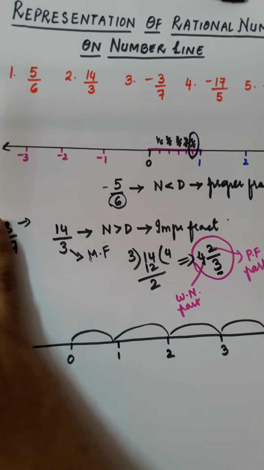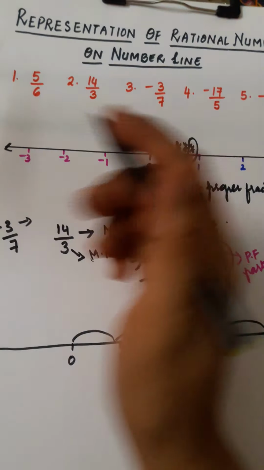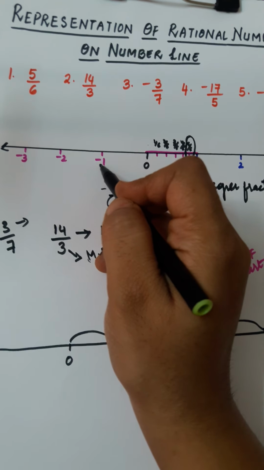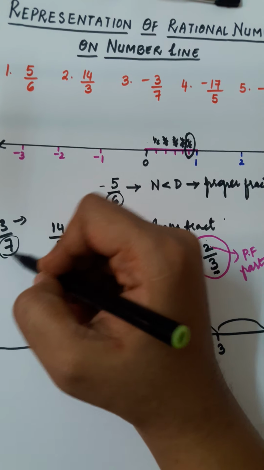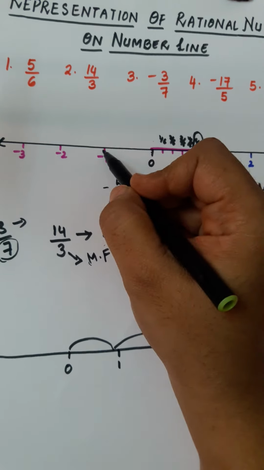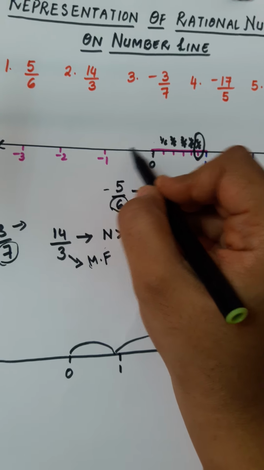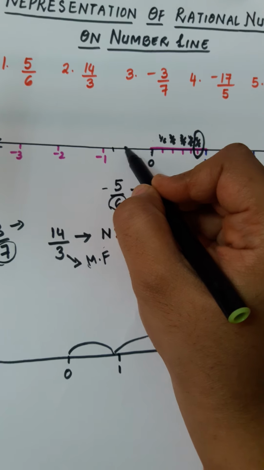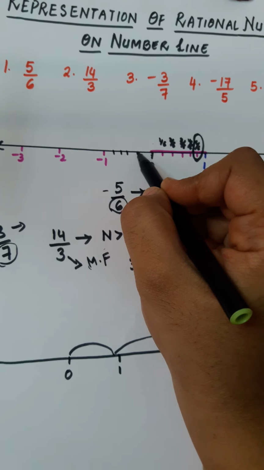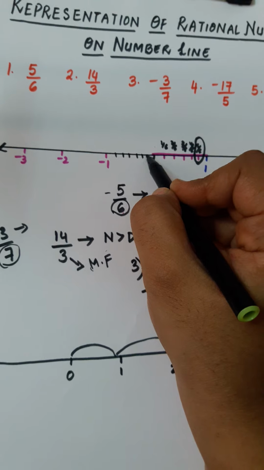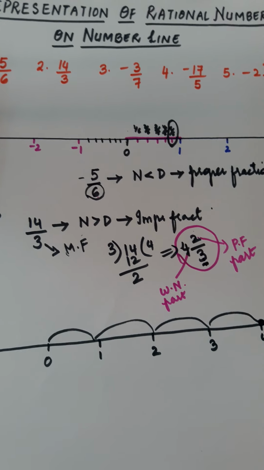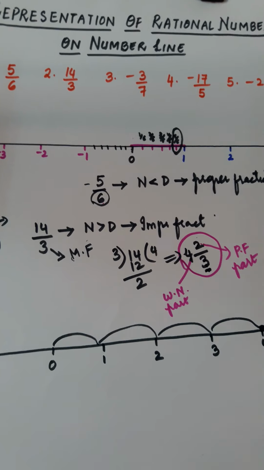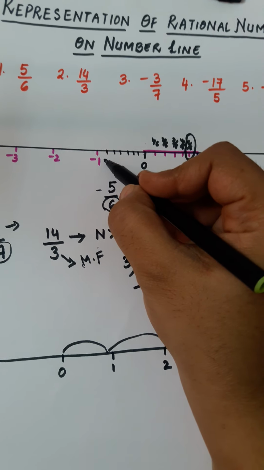This fraction is negative, so it lies between 0 and minus 1. Here the denominator is 7, so in between 0 and 1 you have to make 7 parts. 1, 2, 3, 4, 5, 6 and this is 7. So minus 3 by 7, from where do we plot?